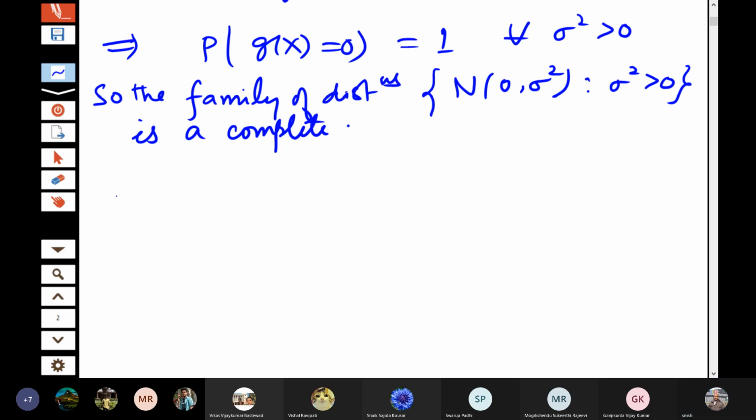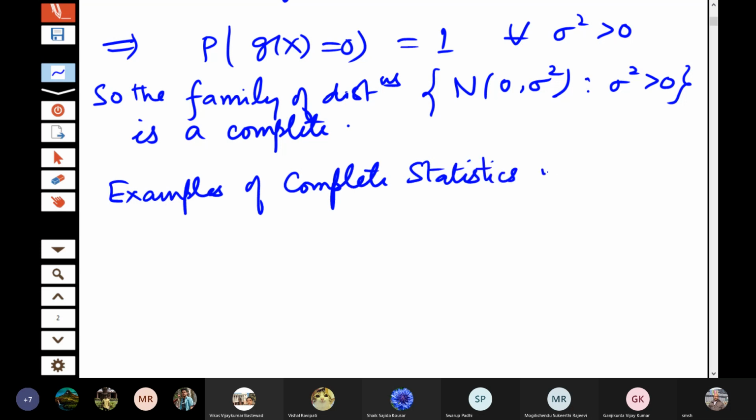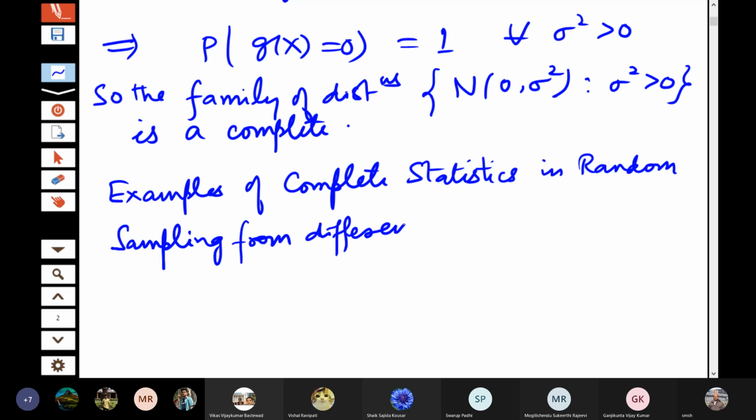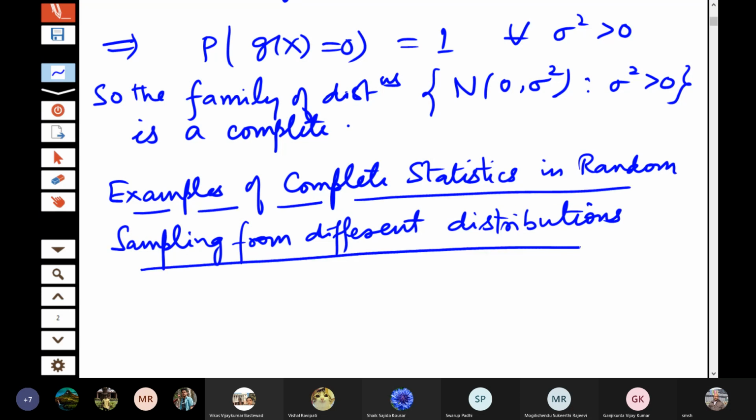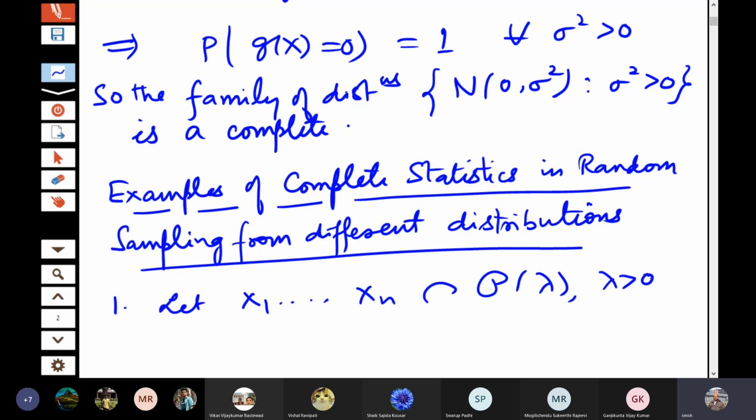So suppose I have a random sample from the Poisson distribution.